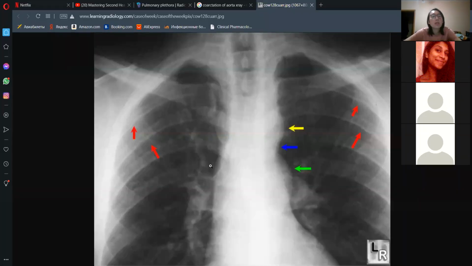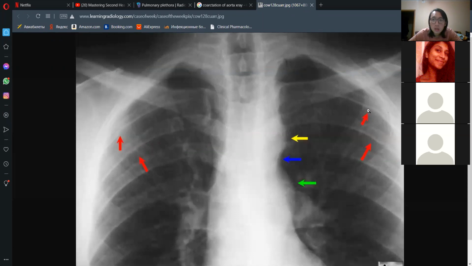This is what you normally see in patients with coarctation of aorta. It's called rib notching. You see the ribs, there are notches on the rib bones. See, it goes in. Can't really see it here, but okay, here, see here.